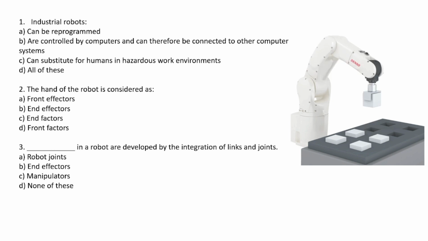By using robots in these situations, manufacturers can reduce the risk of workplace accidents and injuries. So industrial robots can be reprogrammed, are controlled by computers and can therefore be connected to other computer systems, and can also substitute for humans in hazardous work environments. So the correct option will be option D, all of this.